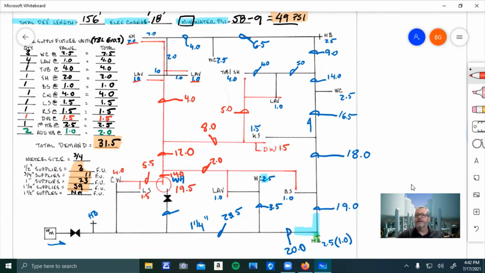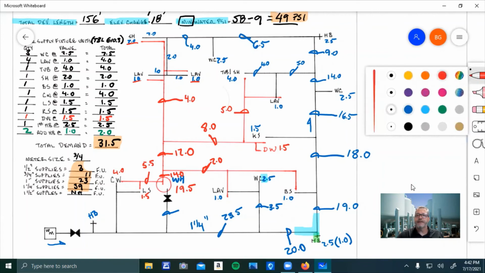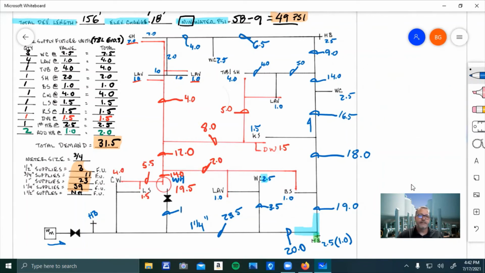So that's what my supply needs to be, 19.5. So if I have 19.5 fixture units going to my water heater, in this particular case, that's a 1-inch supply. Yes? 1-inch supply going to the water heater.